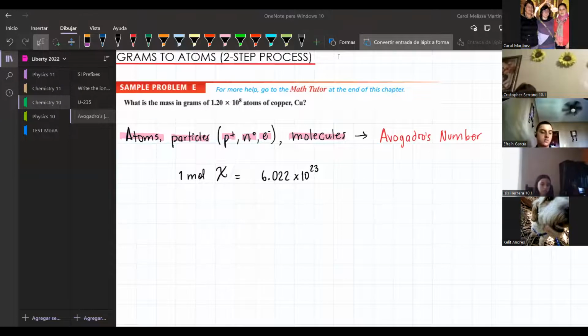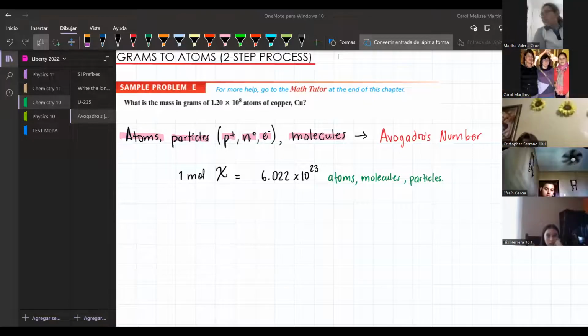And these are atoms, molecules, or any type of particles of the same substance that we were talking about, in this case, X.